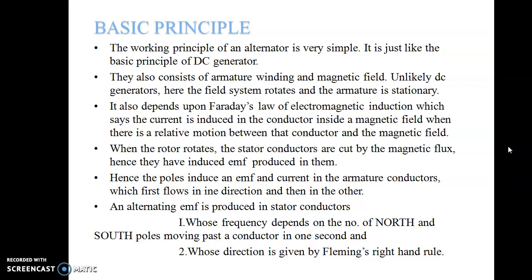All of you might be remembering, according to Fleming's right hand rule, our thumb represents the motion of the conductor, our index finger indicates the magnetic field, and the middle finger indicates the current direction. Accordingly, the direction of the EMF and current can be indicated.